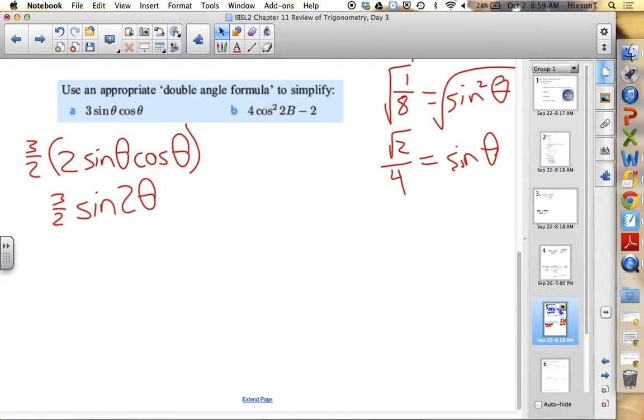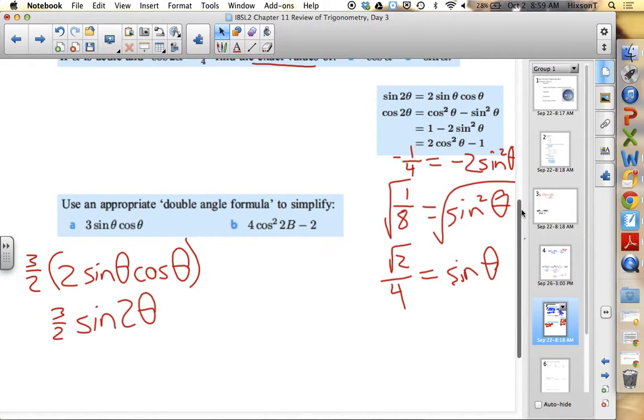Where does cosine go? Oh, we just did this 2 different ways. The first time, you couldn't really go very far with it. But this way, we were able to.